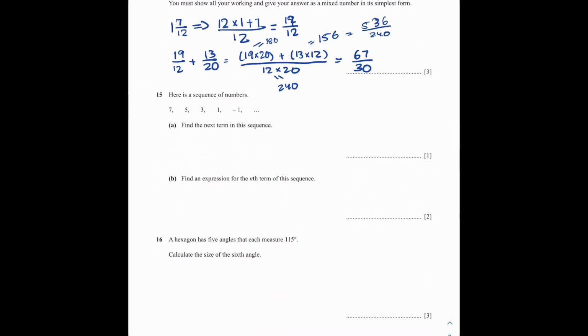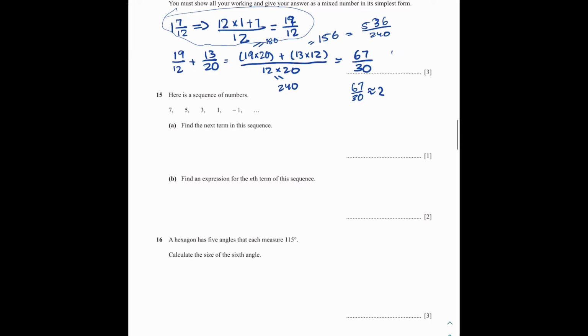Your main part was this. Just know that that's how you convert. And if you wanted to give this answer as a mixed fraction, you would do 67 over 30. That's approximately 2, because 30 times 2 is 60. So you would bring the 2 forward, put 7 as the leftover, and the denominator remains 30.